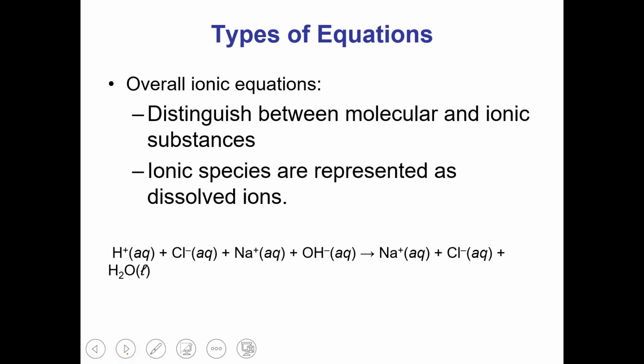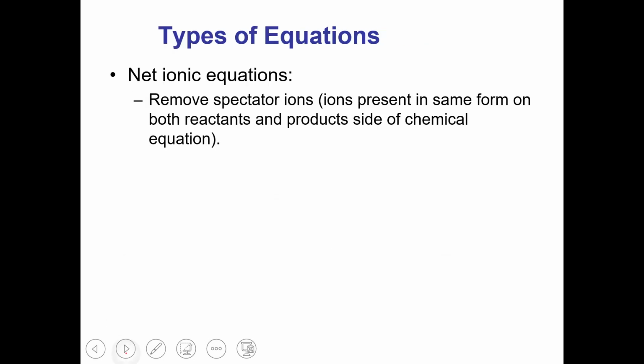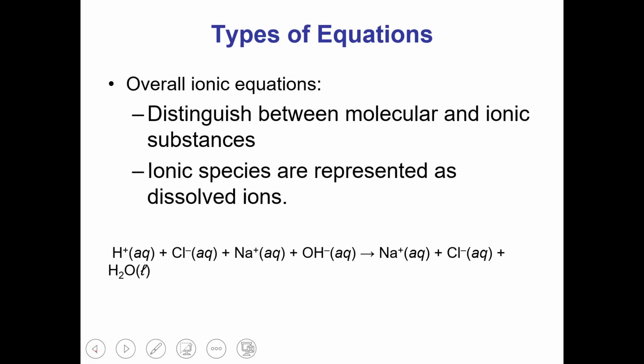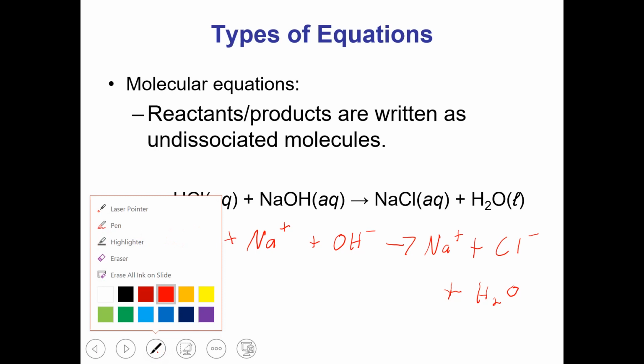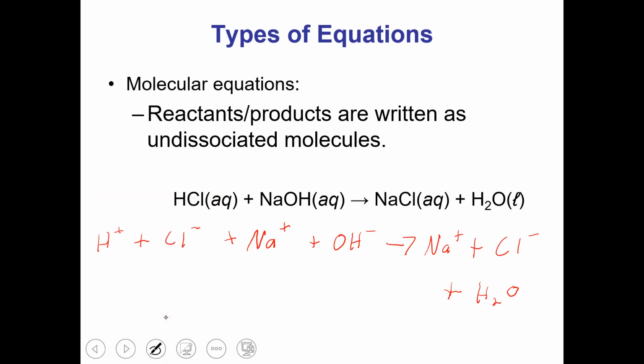Okay, so this is what we just wrote out. In the net ionic equation, we remove all the spectator ions. A spectator ion is an ion that is present in the same form on the reactant side and the product side of the equation. So if we go back to our example here, H plus doesn't show up as H plus on the product side.